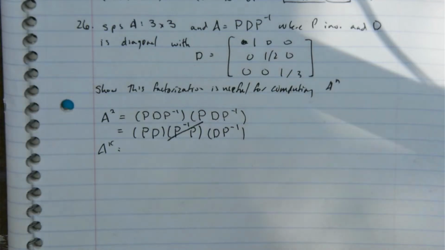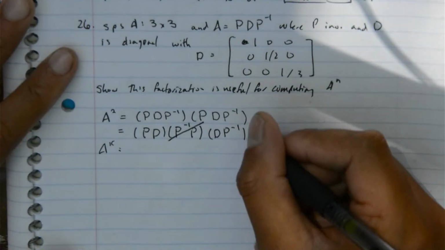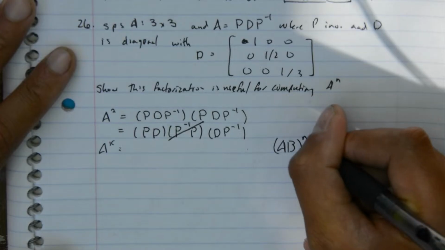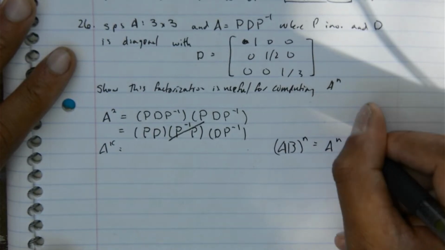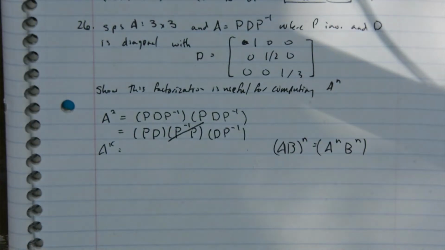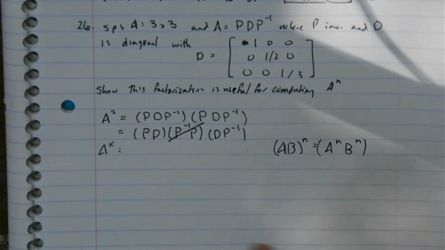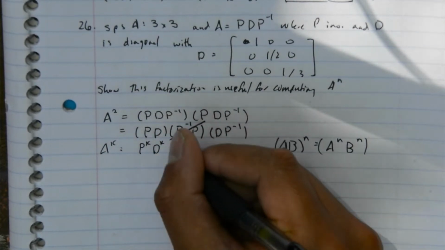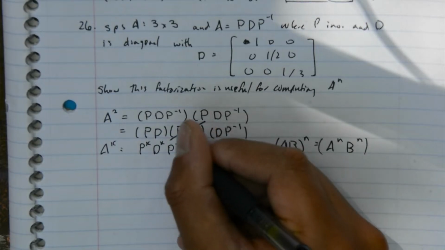So if we want to compute A to the k, basically all we have to do is compute, let's see. Is this true? Actually, is (AB) to the n equal to A to the n B to the n? How do we prove that? I don't know if that's true. But if it is true, then the formula is going to be P to the k, D to the k, P inverse to the k.